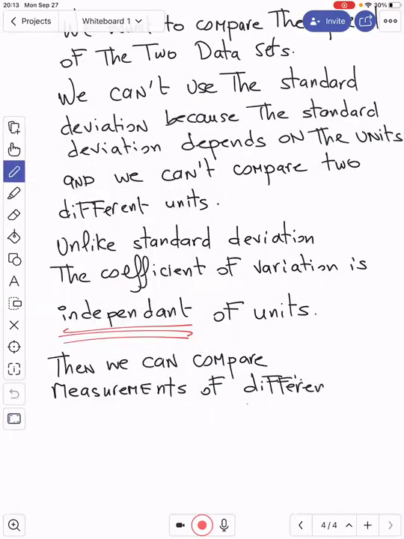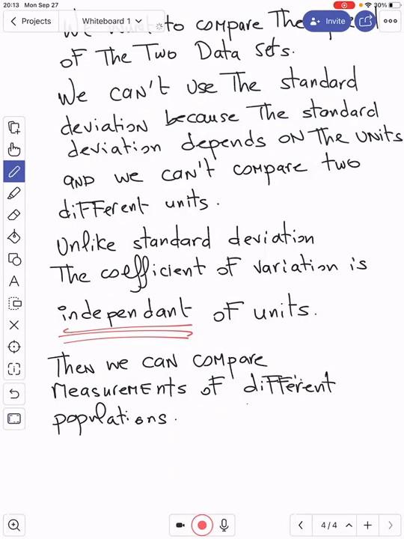What's the formula? I'm going to give you the definition of the coefficient of variation, and then we can have a couple of examples, so you can see how we can use it to compare data sets.